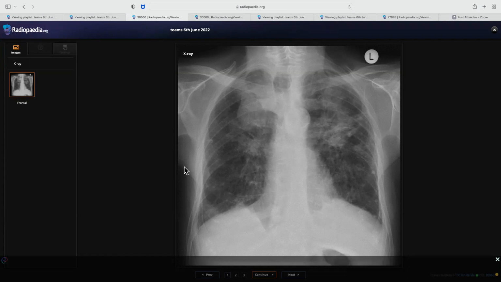The rest of the lung fields show reticulation and small nodules. I cannot appreciate any pleural effusion or calcified pleural plaques. The bony structures are unremarkable, as well as the cardiomediastinal shadow.